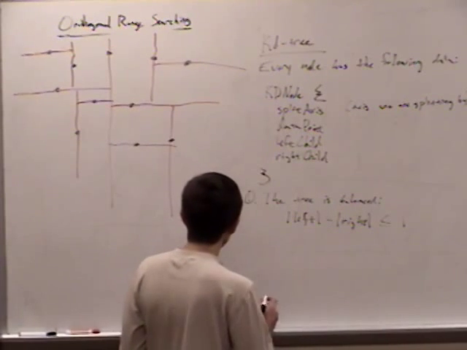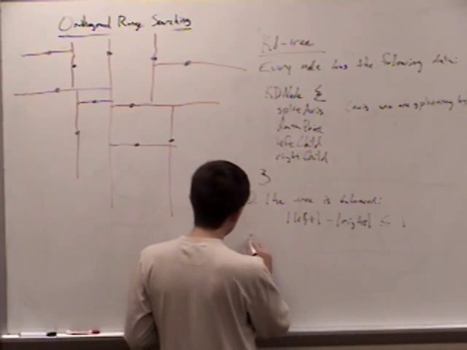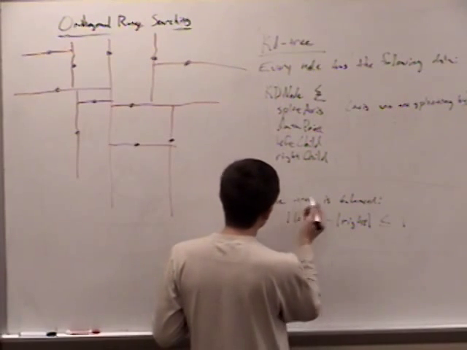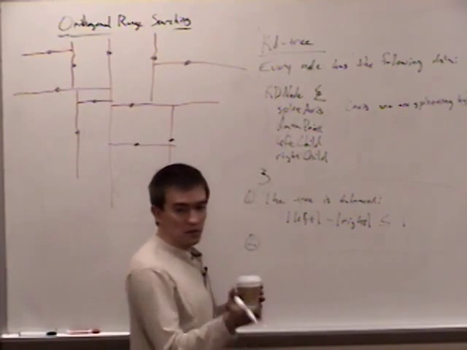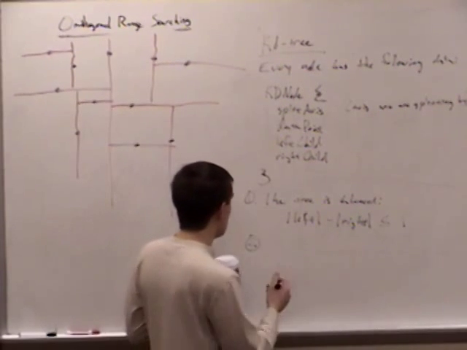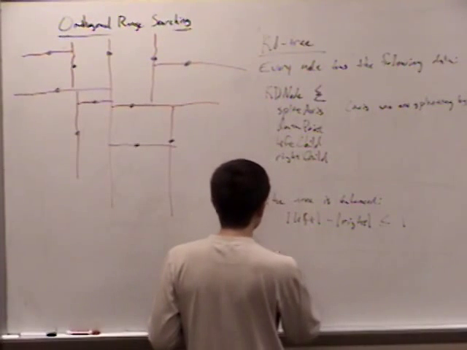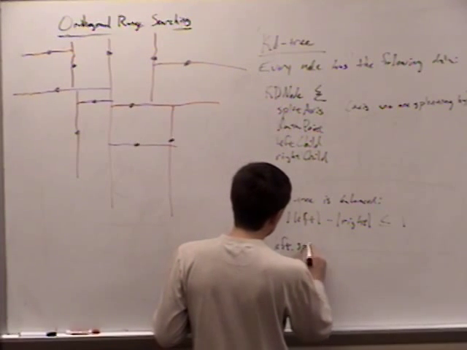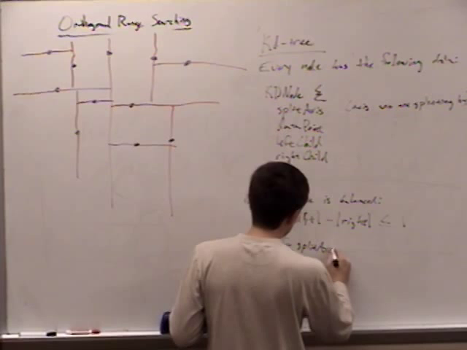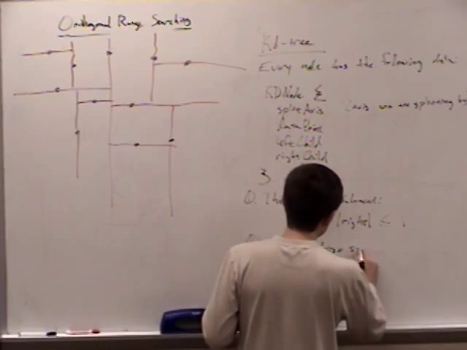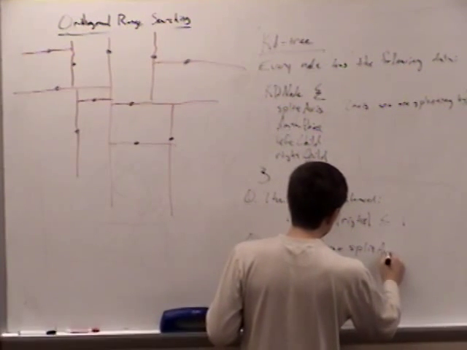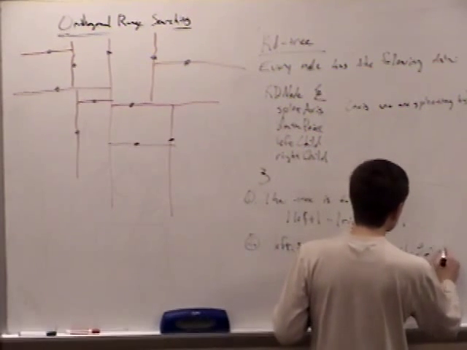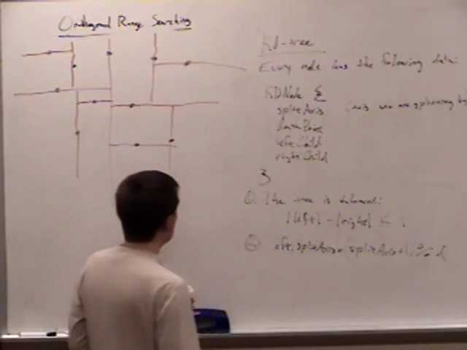The second big point here is that the split axis of any node is going to be the parent's split axis plus 1 mod d. So basically, we'll say left.split axis is equal to split axis plus 1 mod d, and the same for the right.